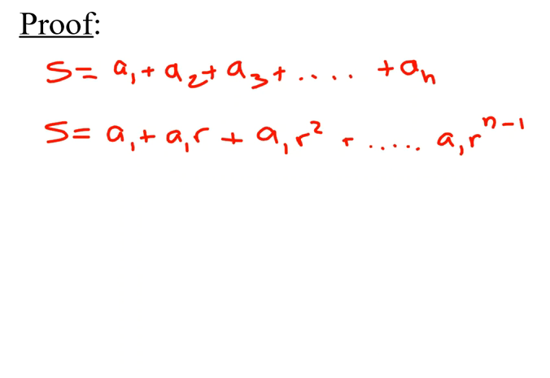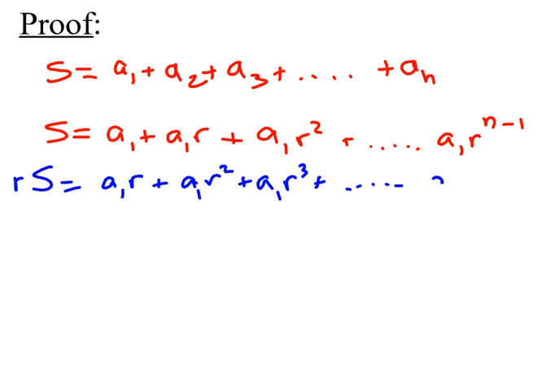Well, I could also have r times S, and that would be a1 times r plus a1 times r squared plus a1 r cubed plus dot dot dot plus a1 r to the n minus 1 plus a1 r to the n.